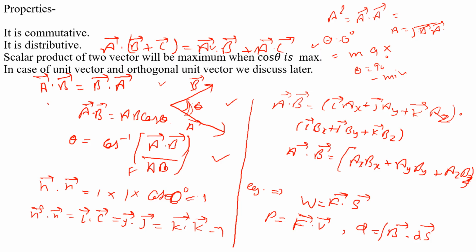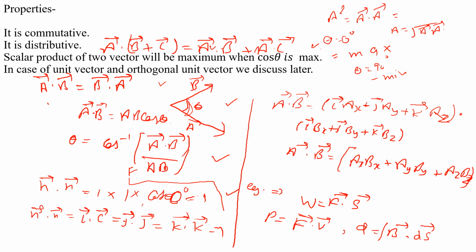In case of a unit vector n, n vector dot n vector is equal to 1 into 1 into cos 0, which is equal to 1.